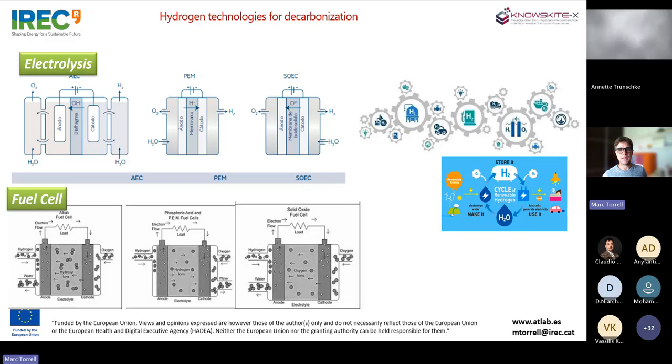And the solid oxide cells, which operate by an ionic transport membrane, basically a dense ceramic, with all ceramic constituents. So both electrodes and electrolyte are ceramic materials. We can find them in electrolysis, but also in fuel cell mode.